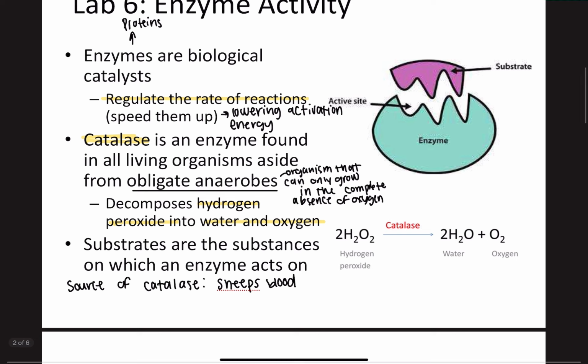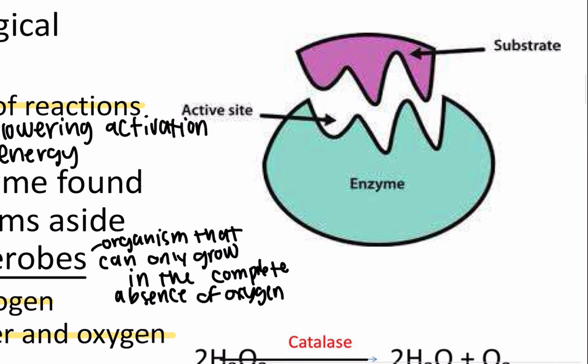So a substrate is the substance on which an enzyme is going to act. So in this case, when we're looking over here at this figure, the enzyme that we're talking about is going to be catalase, and the substrate that we're talking about is hydrogen peroxide.